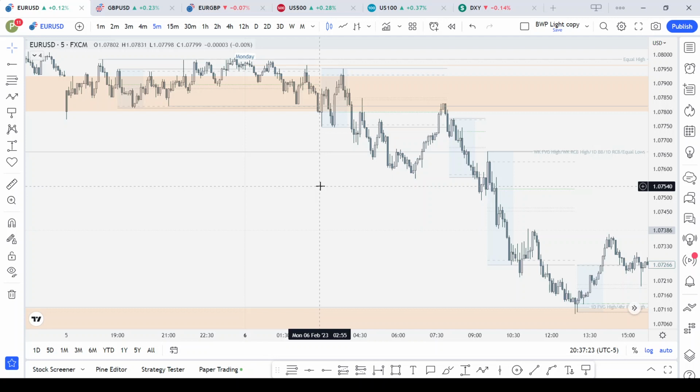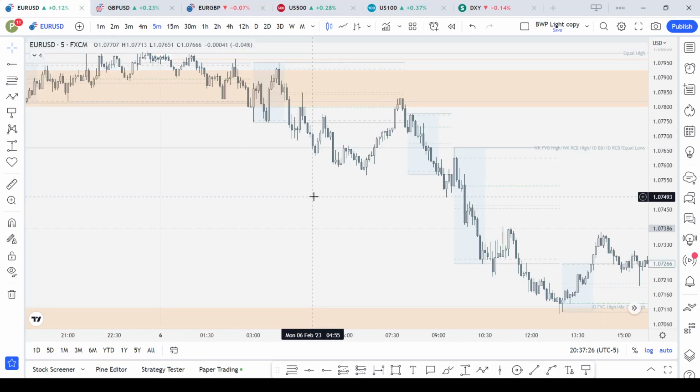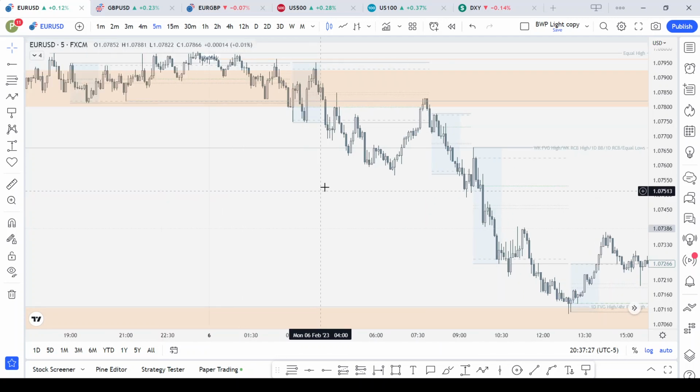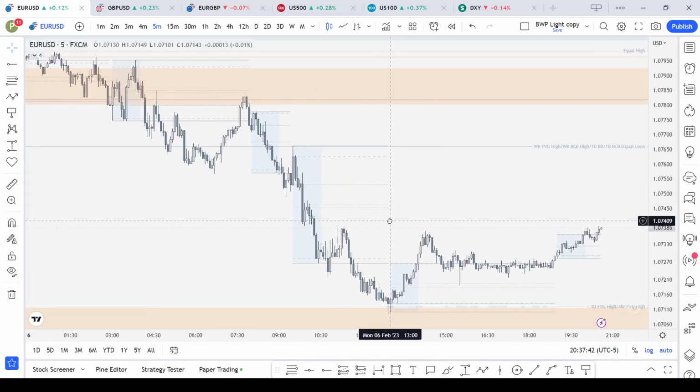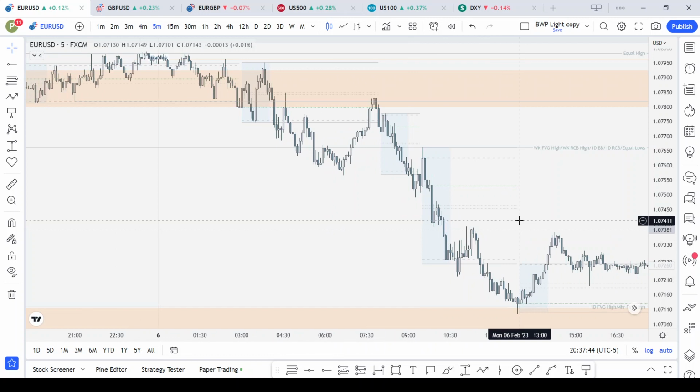If you take a look at this chart, if you look closely, you would see these shaded boxes. Now, the shaded boxes are what I call TR candle.